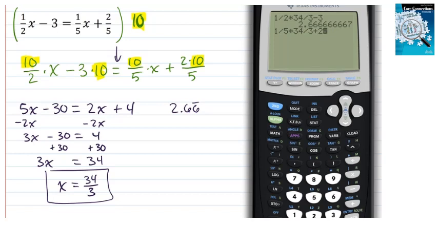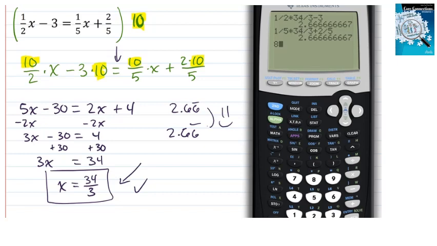Oops, I didn't get the divided by 2 divided by 5. So you can see I've got 1/5 times 34 thirds plus 2/5. And as soon as I press equals, you can see I indeed do get 2 2/3. So I know, because the left-hand side and the right-hand side are equal, that this is really the value of x that makes this particular equation true.